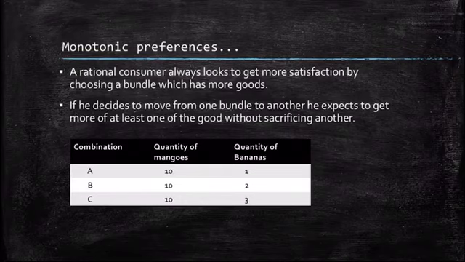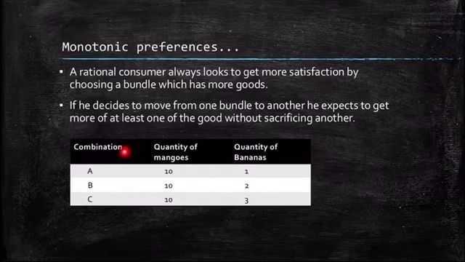Therefore, the preference of a consumer is said to be monotonic when that bundle offers him more of at least one of the goods but without sacrificing another good. Just observe this table.